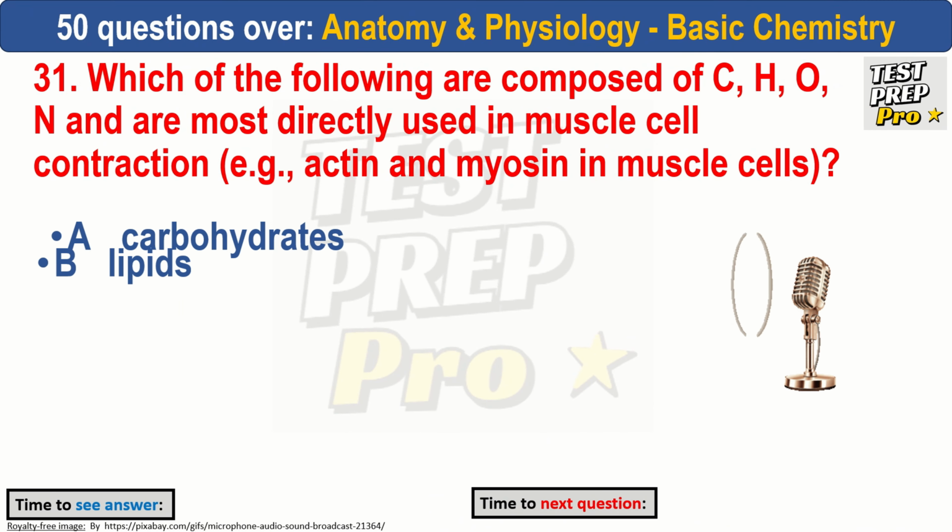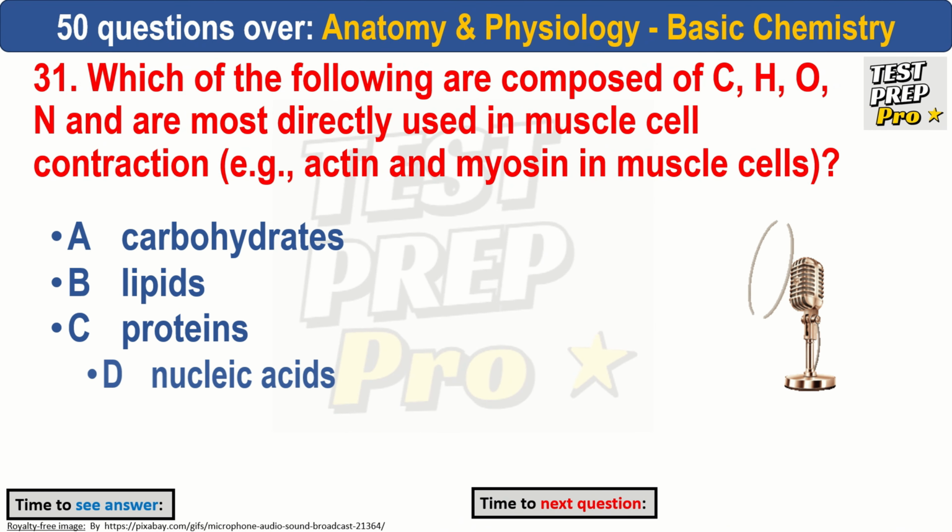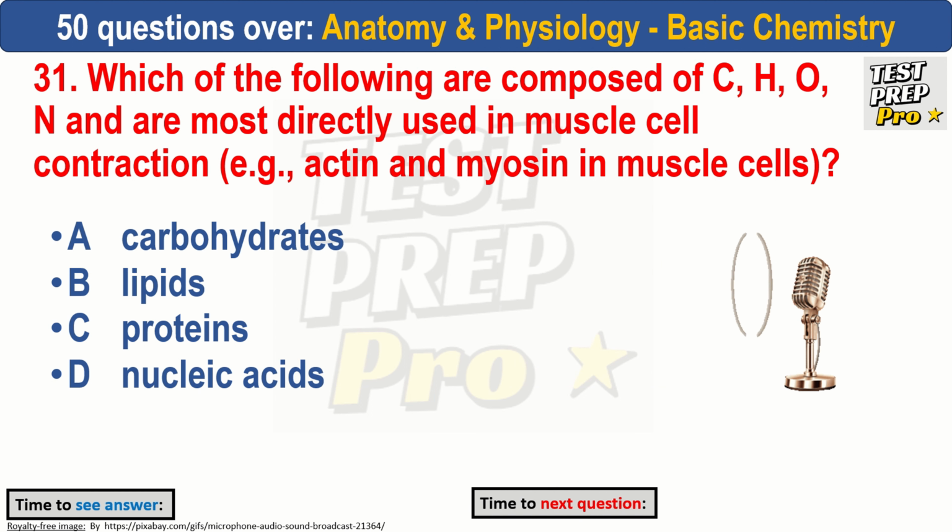Which of the following are composed of carbon, hydrogen, oxygen, and nitrogen, and are most directly used in muscle cell contraction, like actin and myosin in muscle cells?